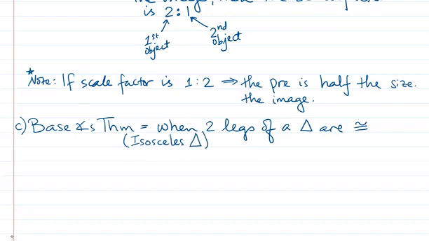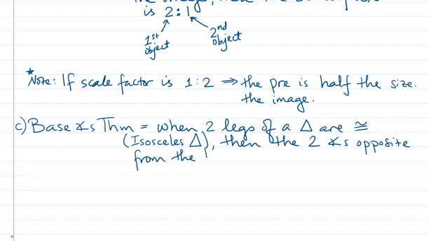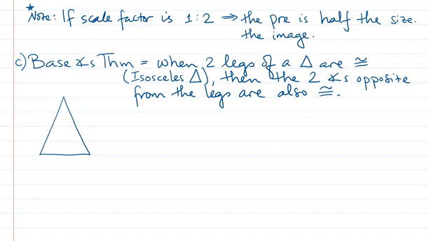So we're talking about isosceles triangles here. Then the two angles opposite from the legs are also congruent. So I have a triangle here. Let's label it triangle ABC.